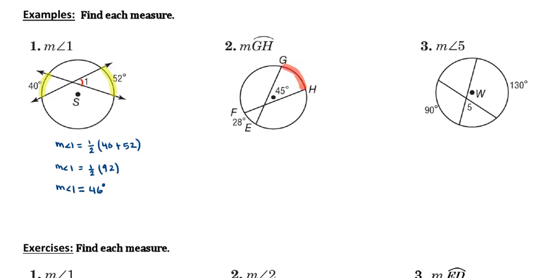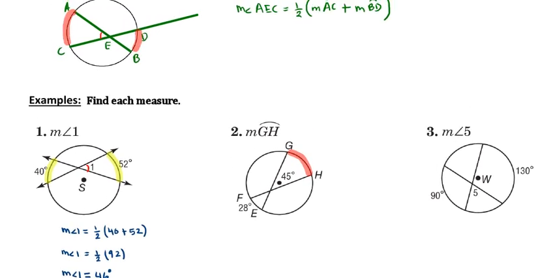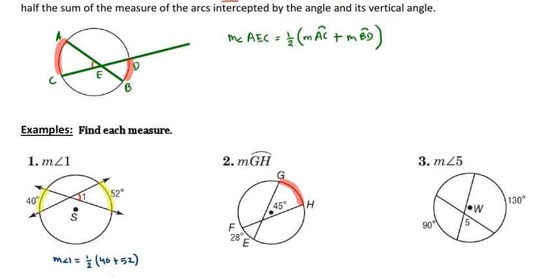But the idea is the same as long as we use the original equation, which is that the measure of one of the angles is equal to half of the sum of the two arcs. You could use that same equation either to find the measure of the angle or to find one of the arcs.